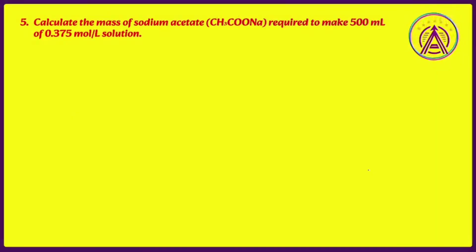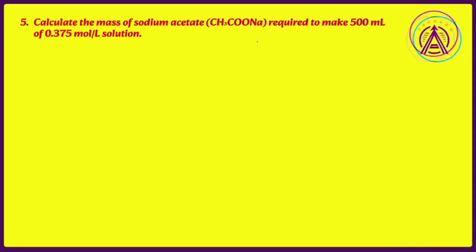Calculate the mass of sodium acetate, CH3COONa, required to make 500 ml of 0.375 mole per liter of the solution. Now here we are discussing a new formula which you have not seen till now, but it's a very important formula. Whenever we dissolve a solute in a solvent, dissolve any powder in a liquid, make a solution, we need to know the concentration of that solution.